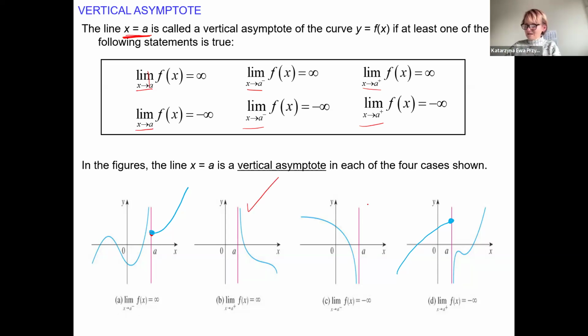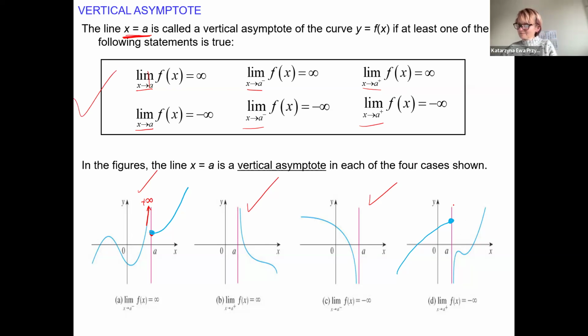We can see this is a vertical asymptote, even though on the left-hand side the limit is positive infinity and on the right-hand side it is a finite number. That's okay, because on the left-hand side the function satisfies one of those limits. That means the function has an infinite limit.